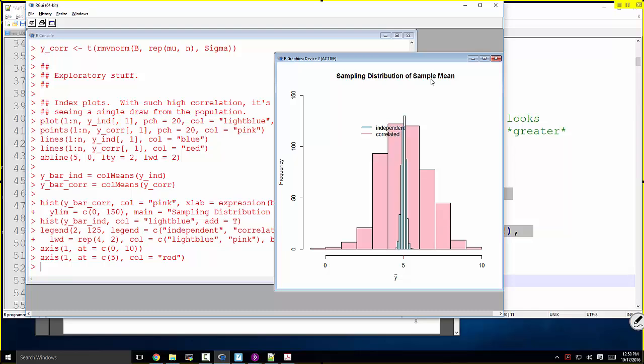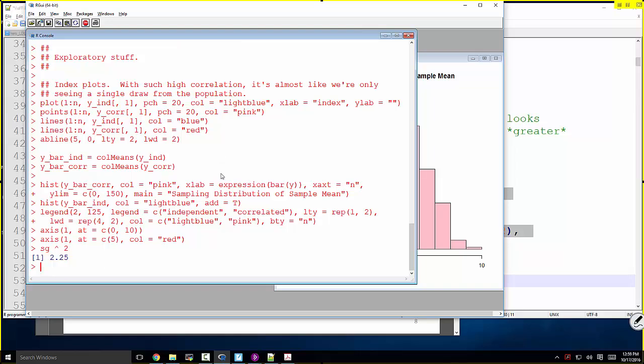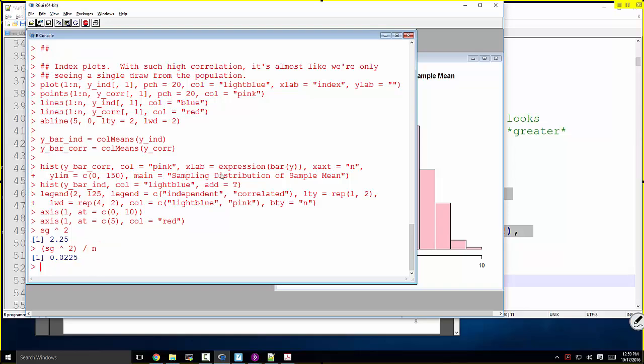The variability is not sigma squared. The variability of y bar is sigma squared divided by the sample size. The variability of a sample mean is inversely related to the sample size.